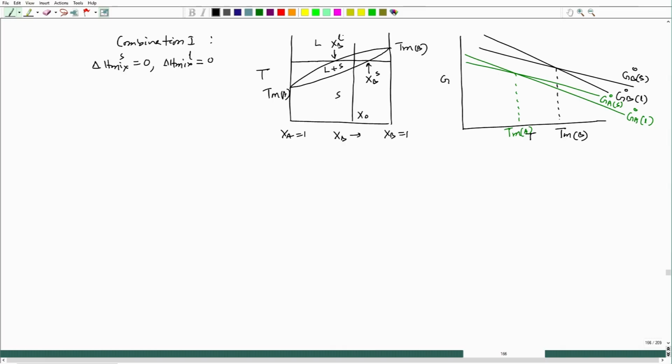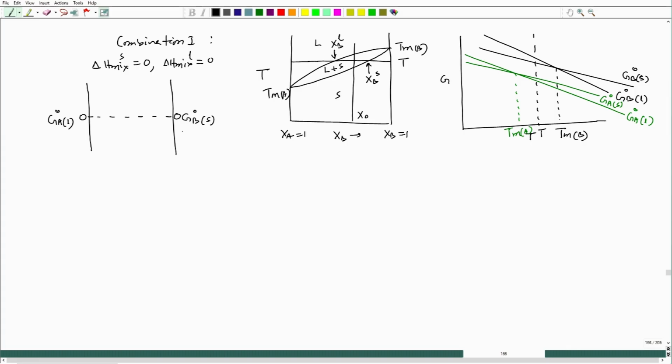So, those two phases will coexist, and the free energy composition diagram would look like this, at a temperature in between T m A and T m B. At this temperature T, our free energy composition plot would look like this. This is the 0 point, this is G B naught for solid, and this is G A naught for liquid.